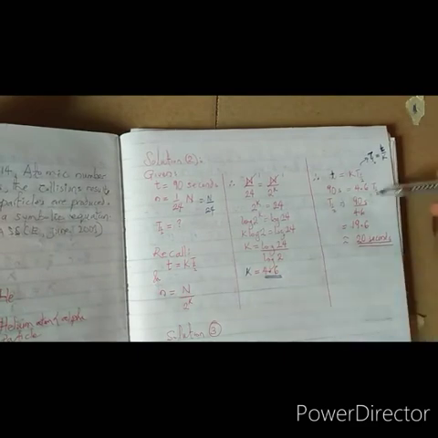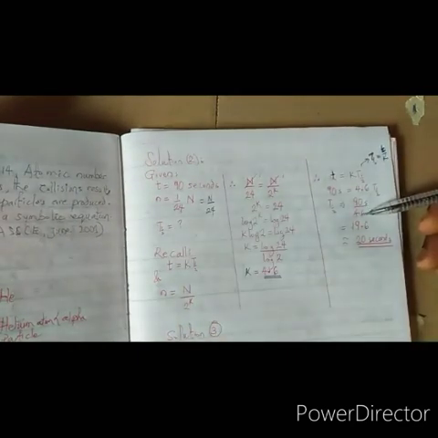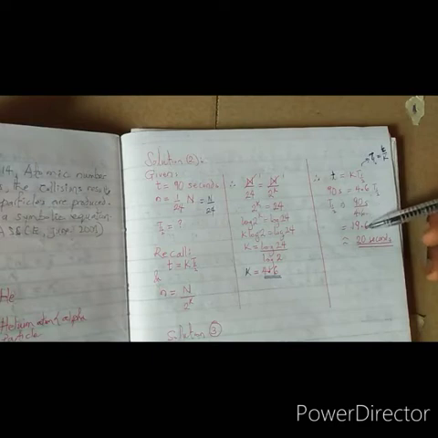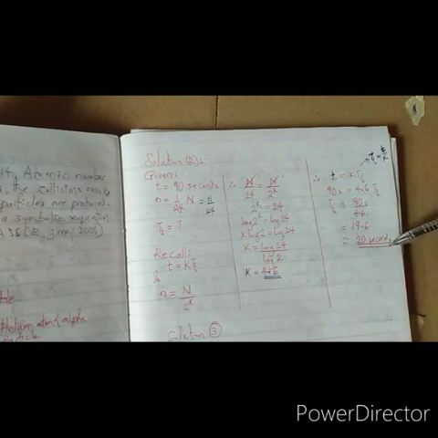So t half is t over k. That is 90 seconds over k, the constant, and the answer gives you 19.6, which is approximately 20 seconds. So that's the solution to the second question.